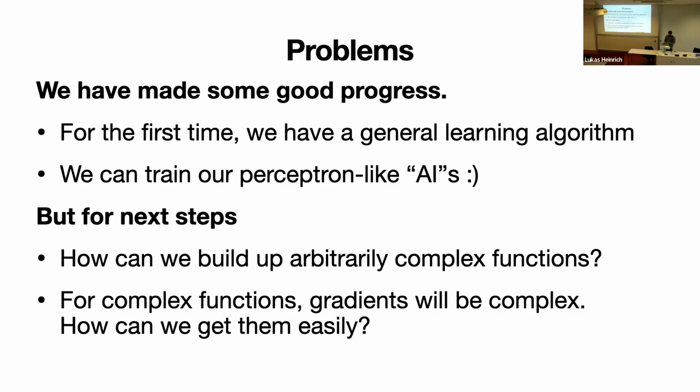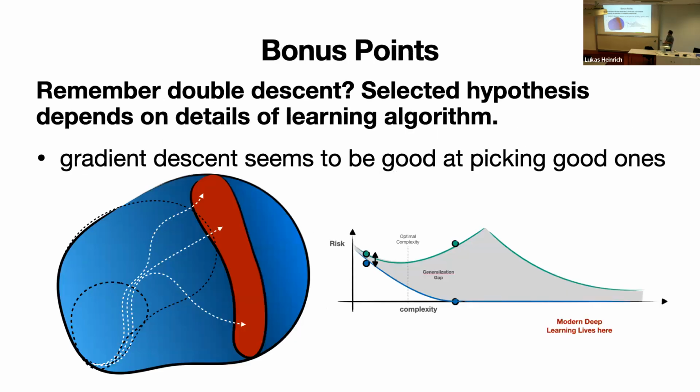Okay, so that's what we had today. Just one bonus point. We had this talk about double descent, and we had this discussion that once you are so over-parameterized that there are many solutions that have perfect performance on the training data sets, the empirical risk minimization is not sufficient anymore to differentiate between good solutions, right? They all have perfect performance.